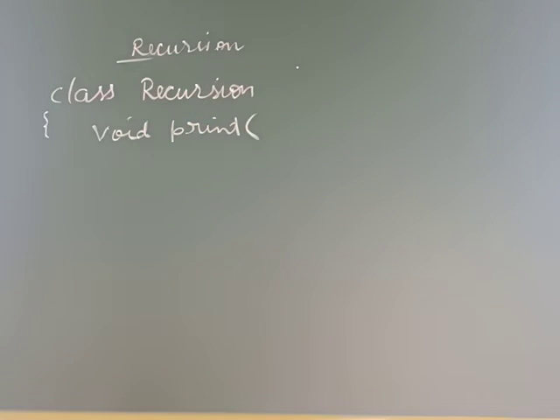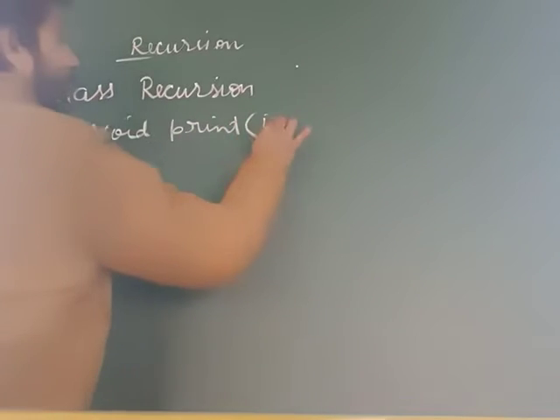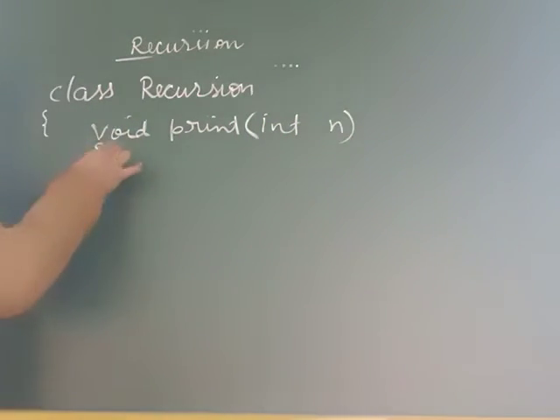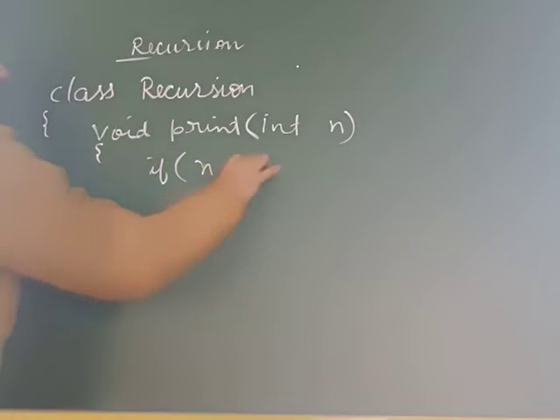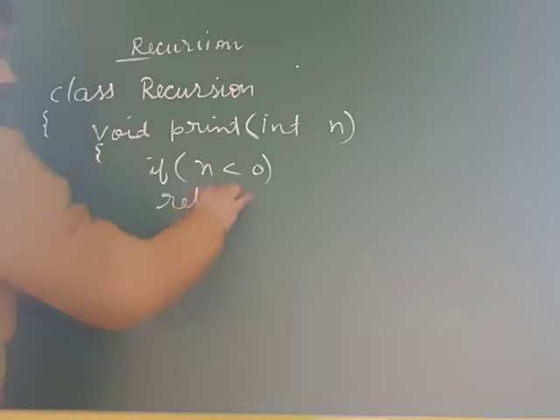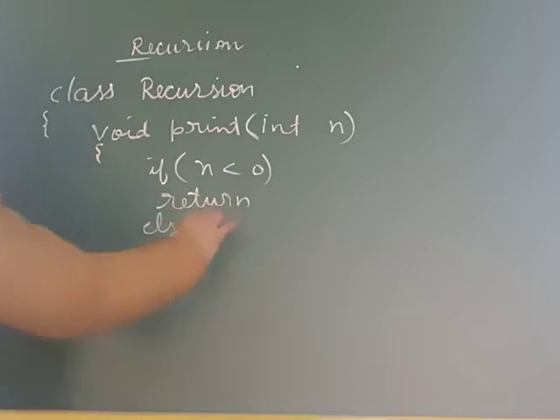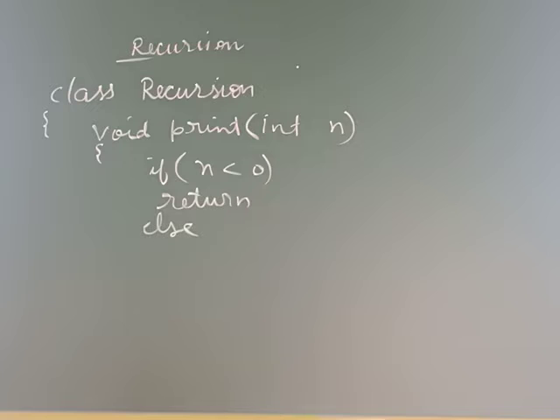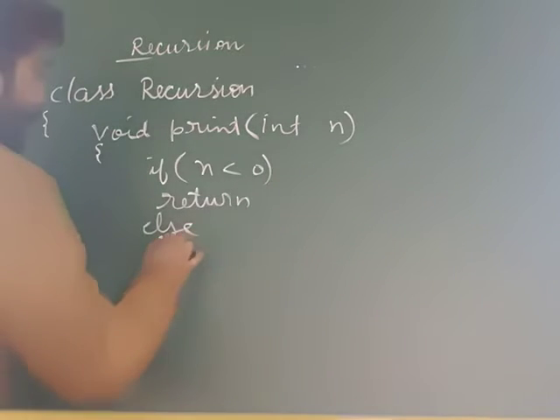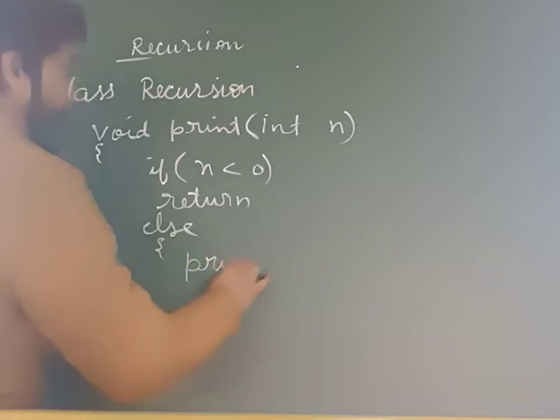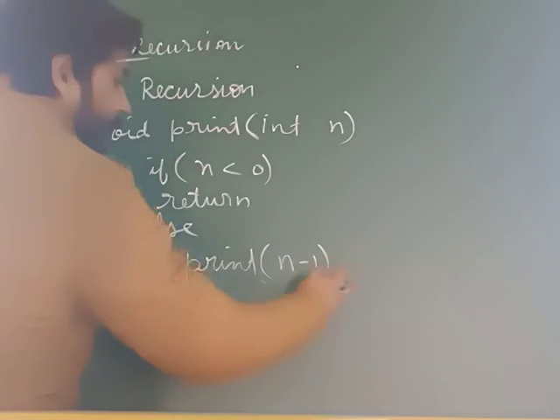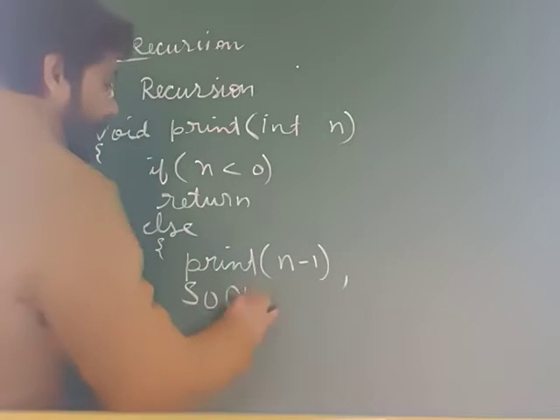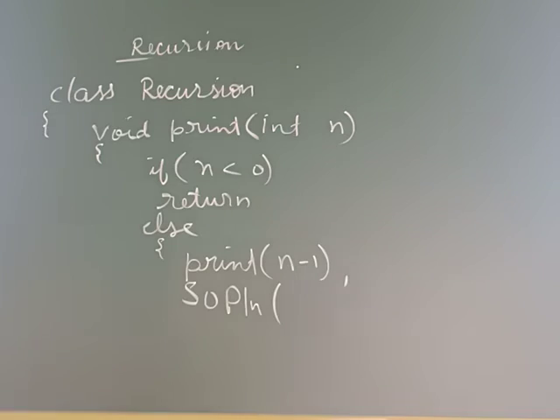Here we are using the value int n. If n is less than or equal to 0, return, else print n minus 1. System.out.println n.